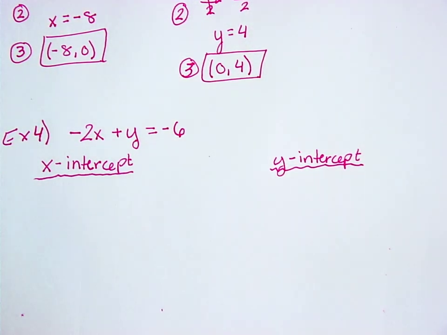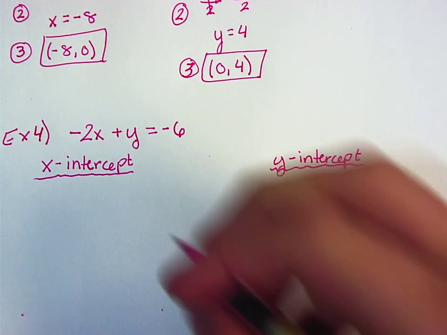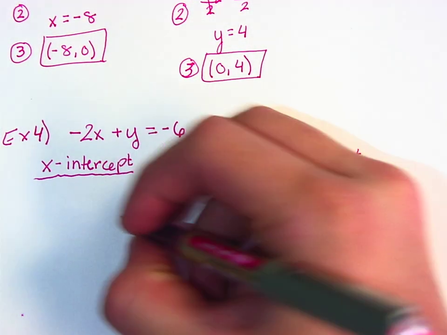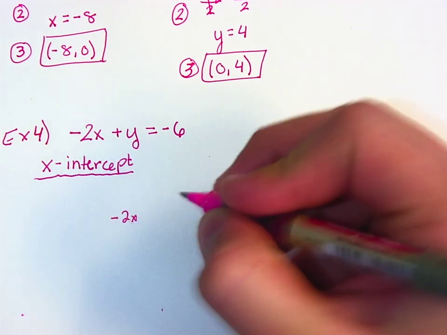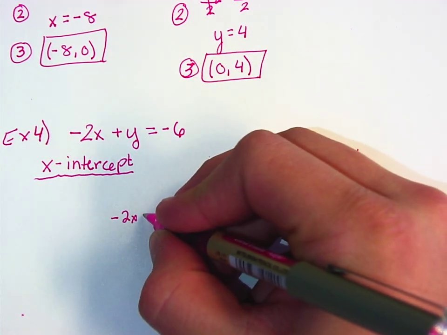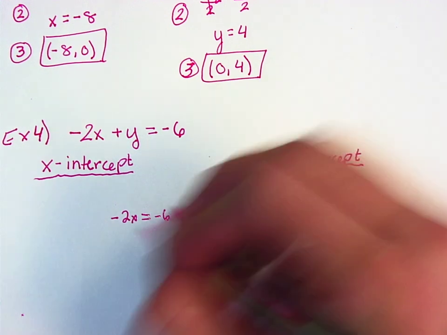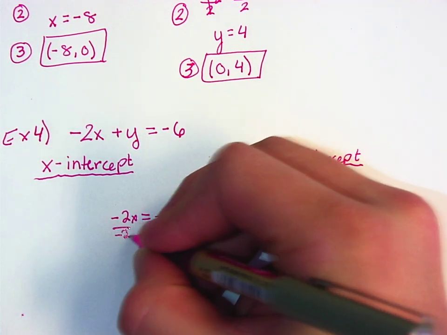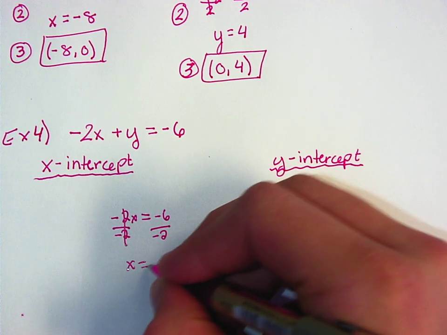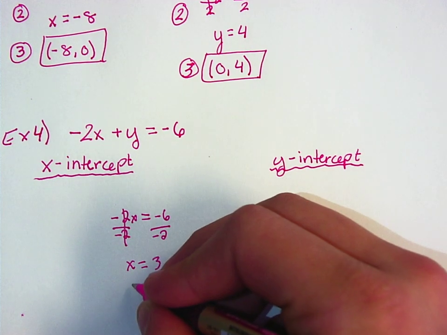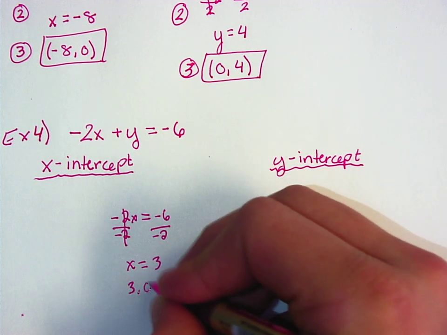Okay. X. Okay, so for x, you turn the y into a 0, so it's out of the problem. So it's -2x equals -6, and then you divide it by -2 to get 3. And then the point would be 0, 3, oh, 3, 0.